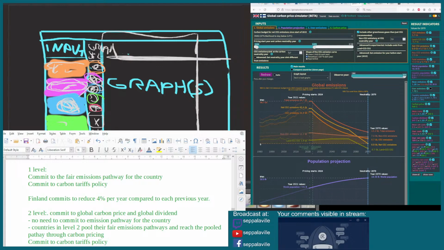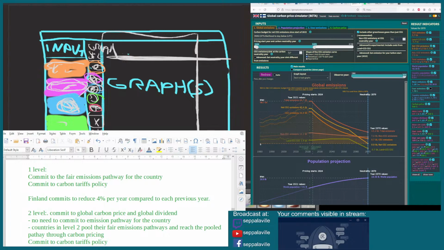So it could be better for making comparisons. But there's also a lot of tricky stuff involved there, because of how these graphs are structured now. They have upper and lower limits and vertical limits based on the selected data. Here we have neutrality 2070, and the drawing area ends around year 2100.